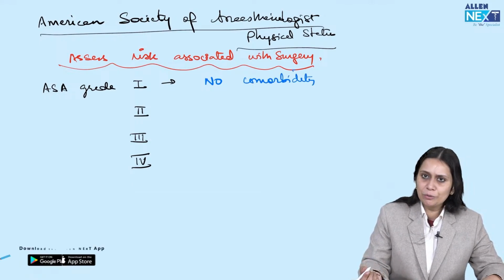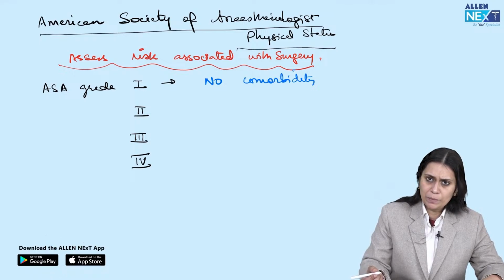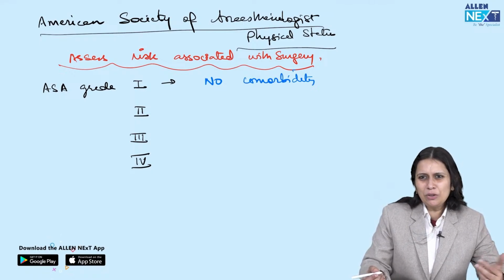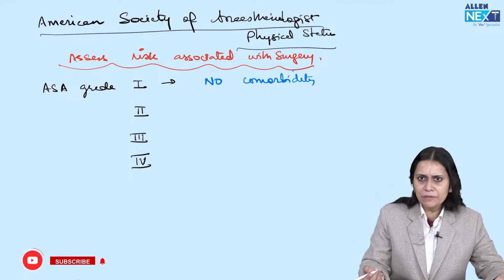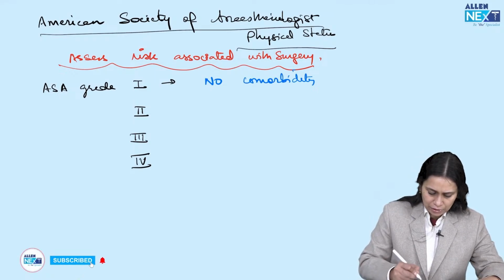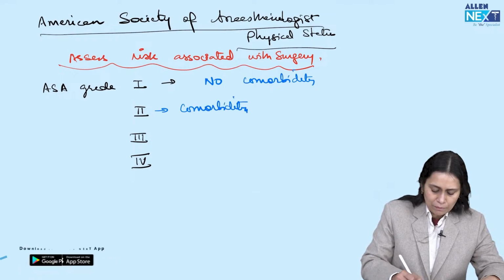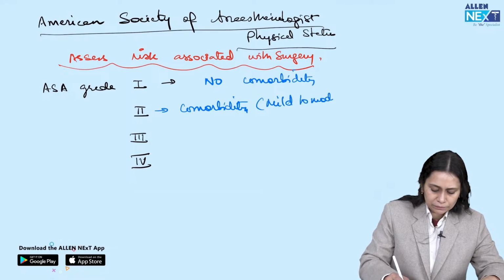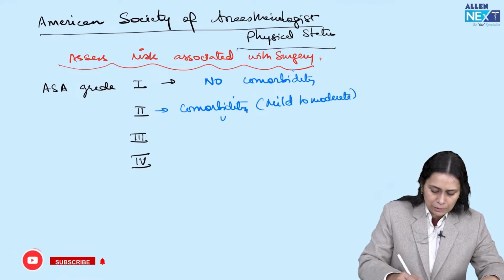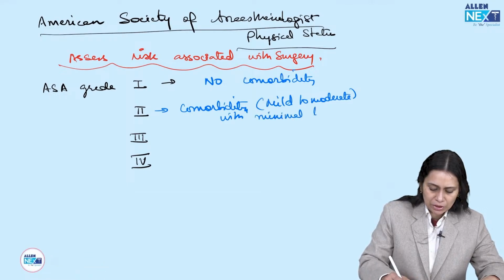Second, ASA grade 2. The patient has a comorbidity, but it is mild to moderate with minimal physical limitation, okay?